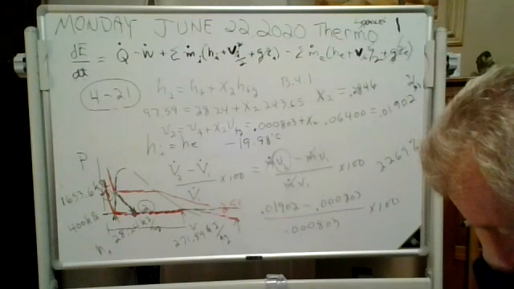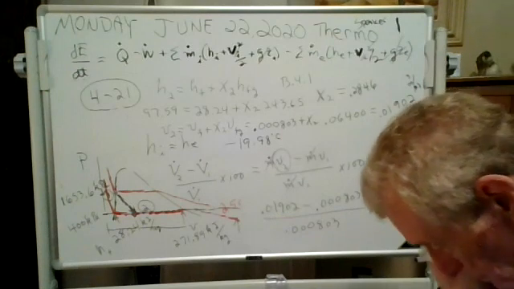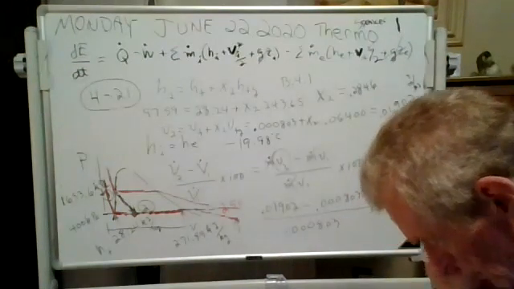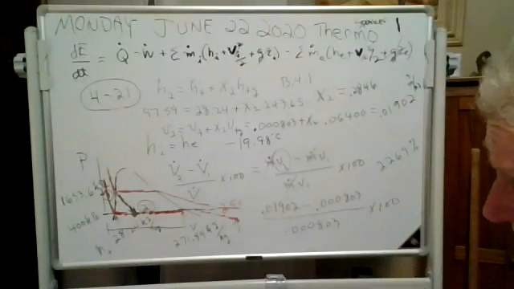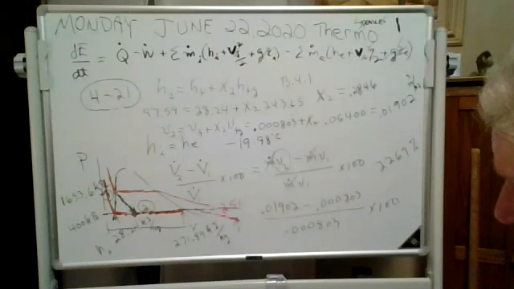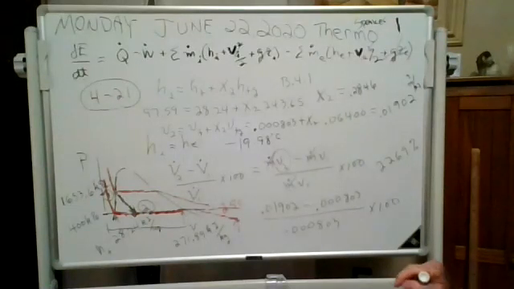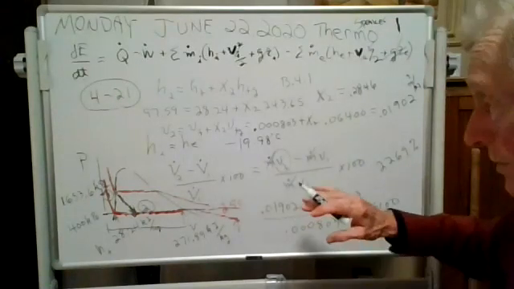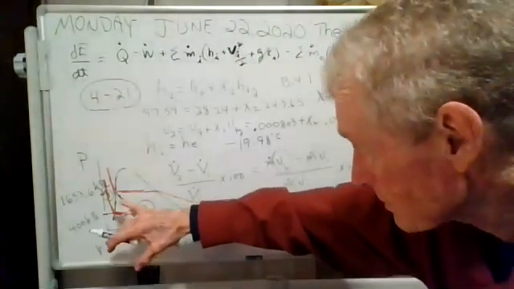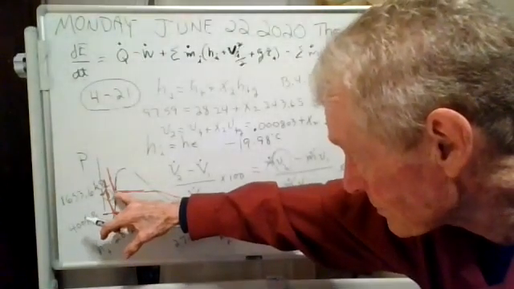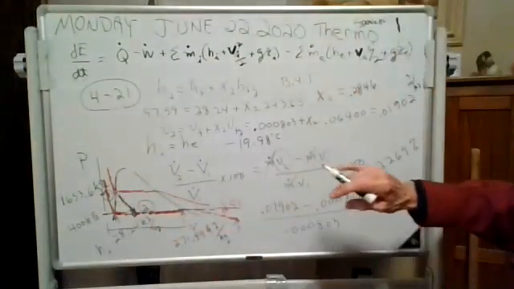Yeah, they agreed with us on that. But they said the incoming at 25 Celsius. Oh, I did the wrong thing, guys. What I need is the specific volume here at state 1. I screwed up.